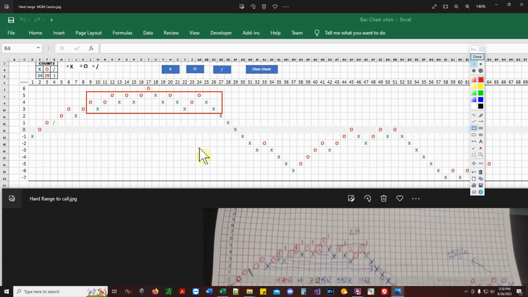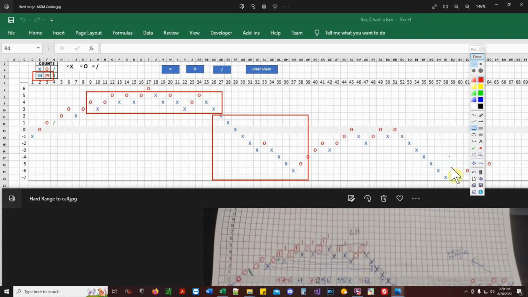As you can see, players versus the bankers, 34 versus 29, one tie. Not a big gap. But this run right here, that's all I'm looking for.